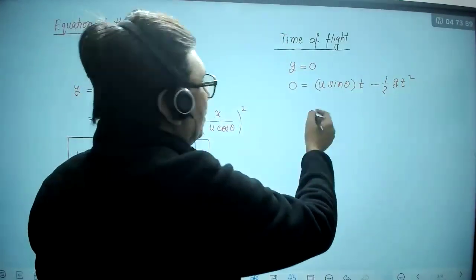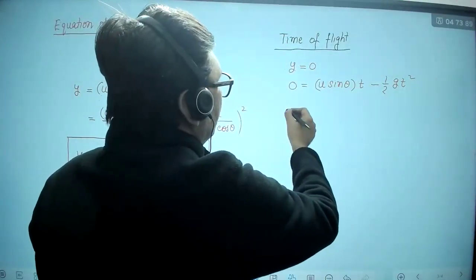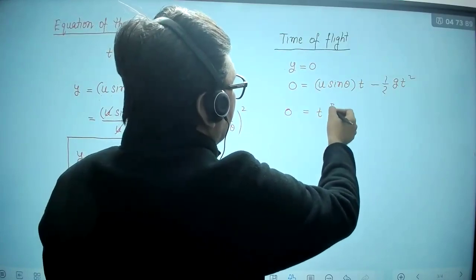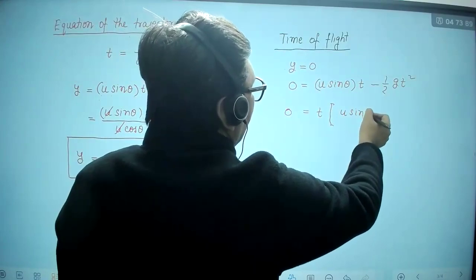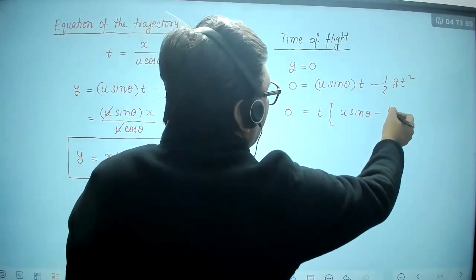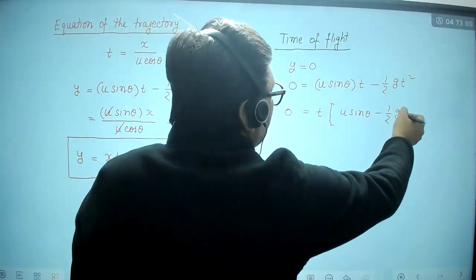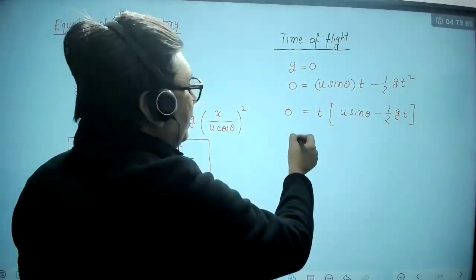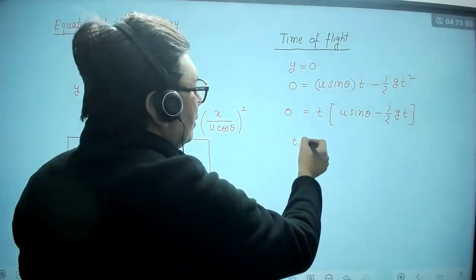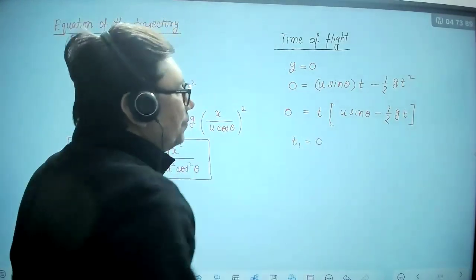Take t common: 0 equals t times u sine theta minus 1 by 2 gt. So you are going to get two different values of t. t1 is 0.